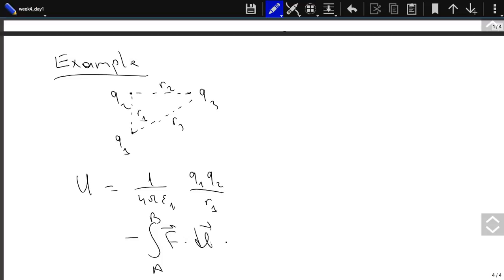So this is equal to minus the integral from A to B of F1, the force due to the Q1 charge, minus the integral from A to B of F2, the force due to this Q2 charge.